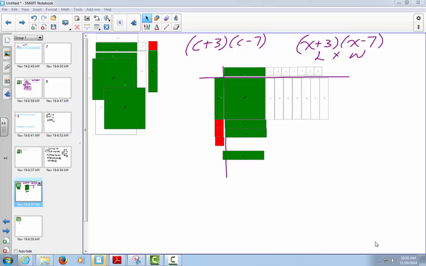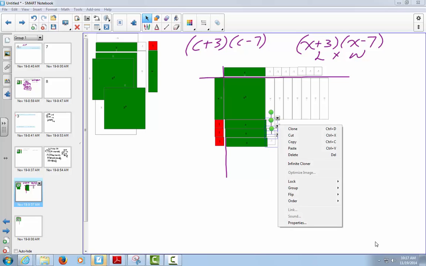here, and here. So I have a positive, and I'm multiplying it by all these negatives, so I have to fill all this in with negatives, because these are all positives by negatives. So I get a negative by a negative, and a negative. To make my life a little quicker, I take those 3 and I'm going to clone them.